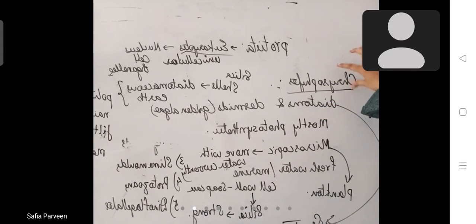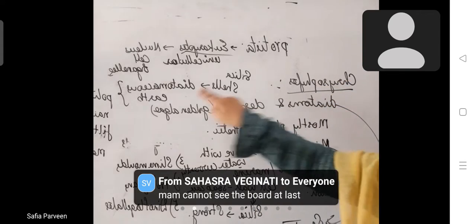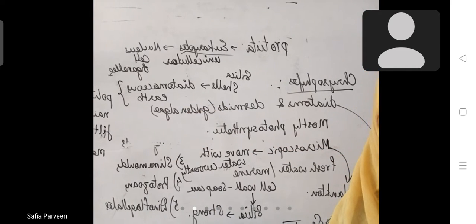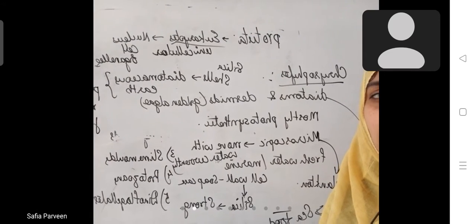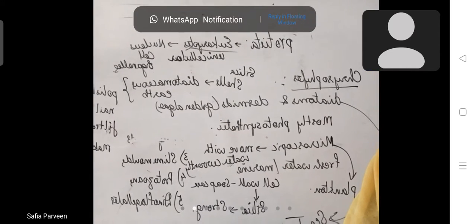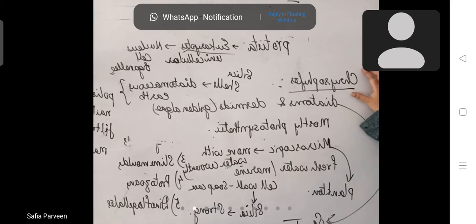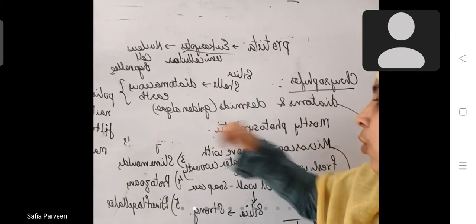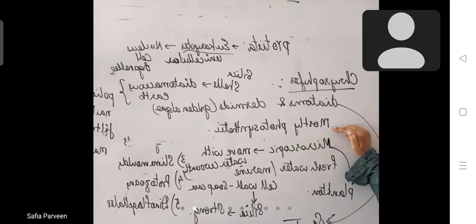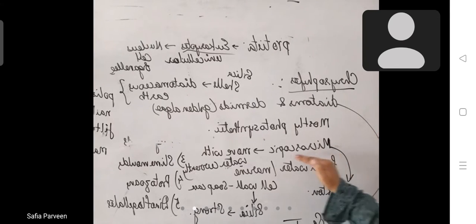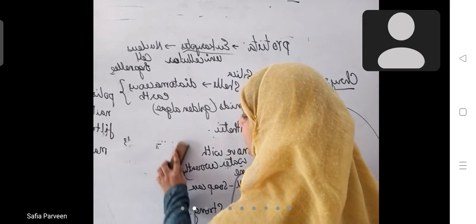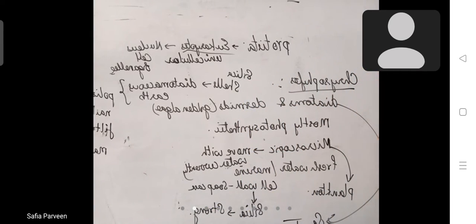So chrysophytes include diatoms and desmids, which are golden algae. They are mostly photosynthetic and microscopic. Since they are microscopic, they can easily move with water currents. These are called plankton. They are a good food source.